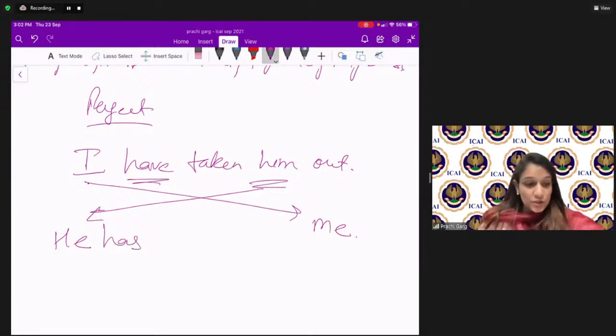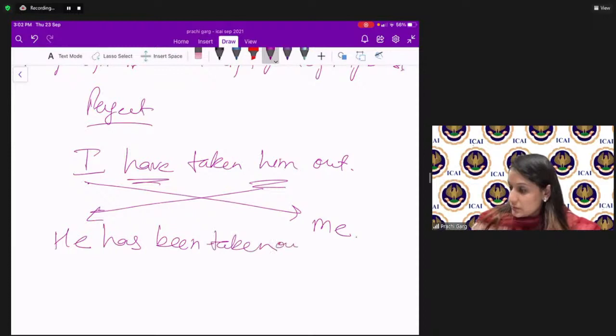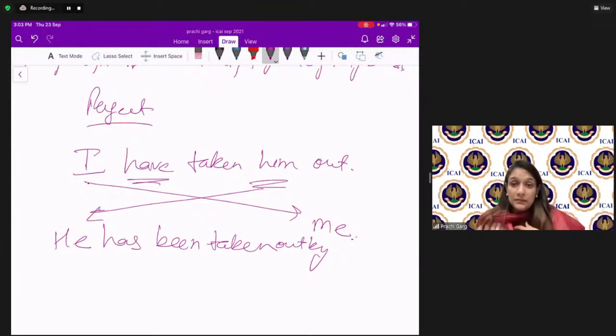The sentence structure says you have to use has or have. Then you have to add the third form of be, which is been, and the third form of take, which is taken, that is already there. And I will also add out here. He has been taken out by me.